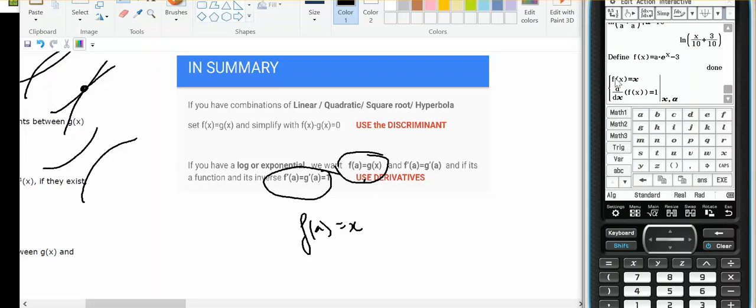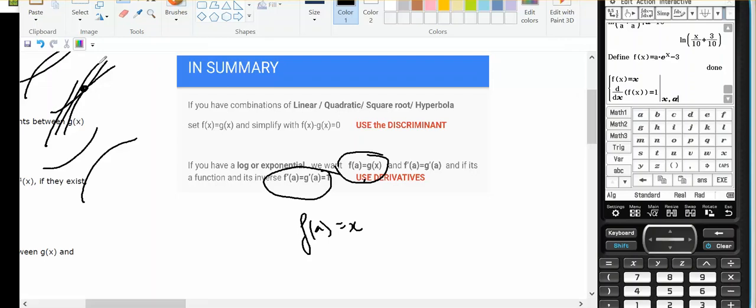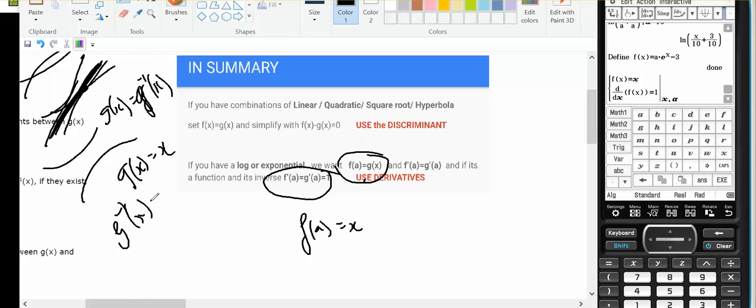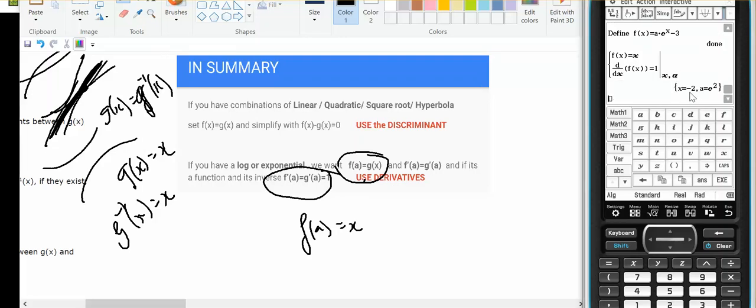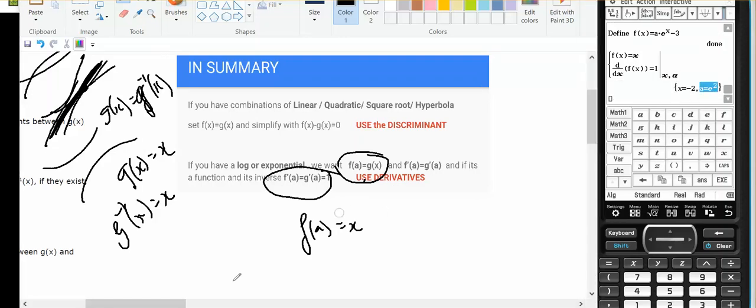I'm saying f of x has to equal x, because at this point the line of x also goes through, and the curves are equal, so g of x equals the inverse, or g of x equals x, or the inverse equals x, because there are 3 curves going through that point. And because the gradient has to be 1, I can now solve that, and I get an a value of e squared.